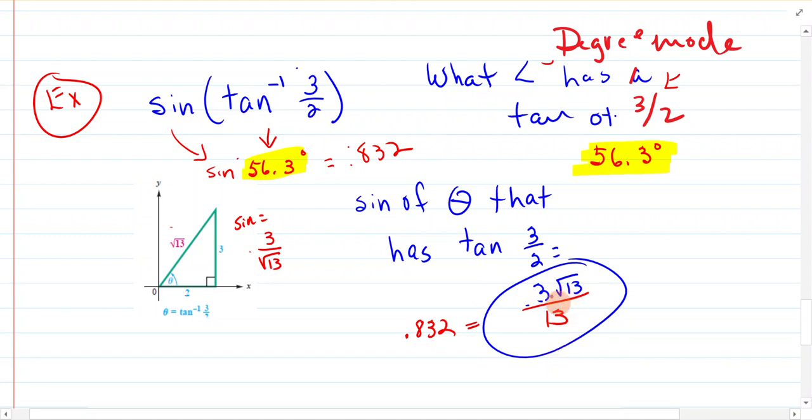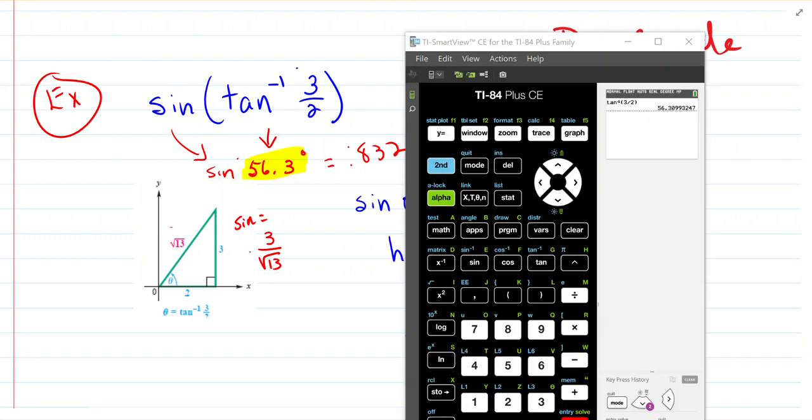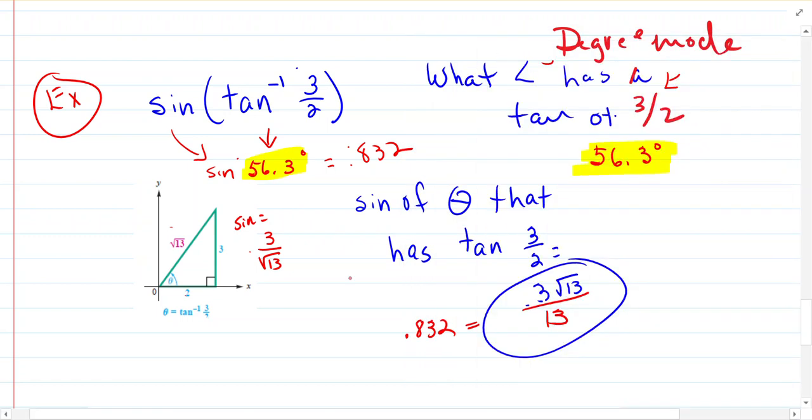When you're on your calculator, you're going to hit second and tan, because that's what it tells us to do, and then put in 3 divided by 2 and you get 56.30, and you've got some decimals there. Then we're taking the sine of that angle, which is 56.3 degrees. When you take the sine of that, you get 0.832.